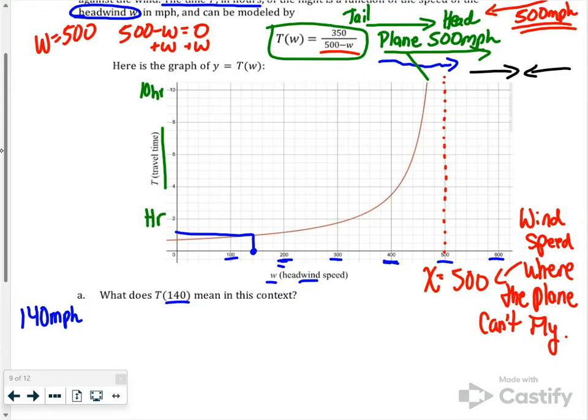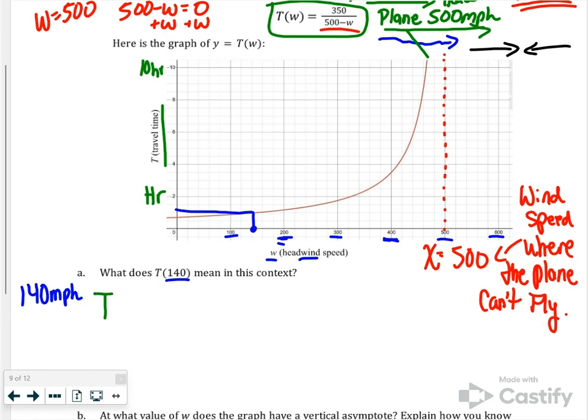So T of 140 equals 350 divided by 500, take away the wind. So when we see 500 minus 140, it's really telling us that the 500 miles per hour is going to actually be about 360 miles per hour.